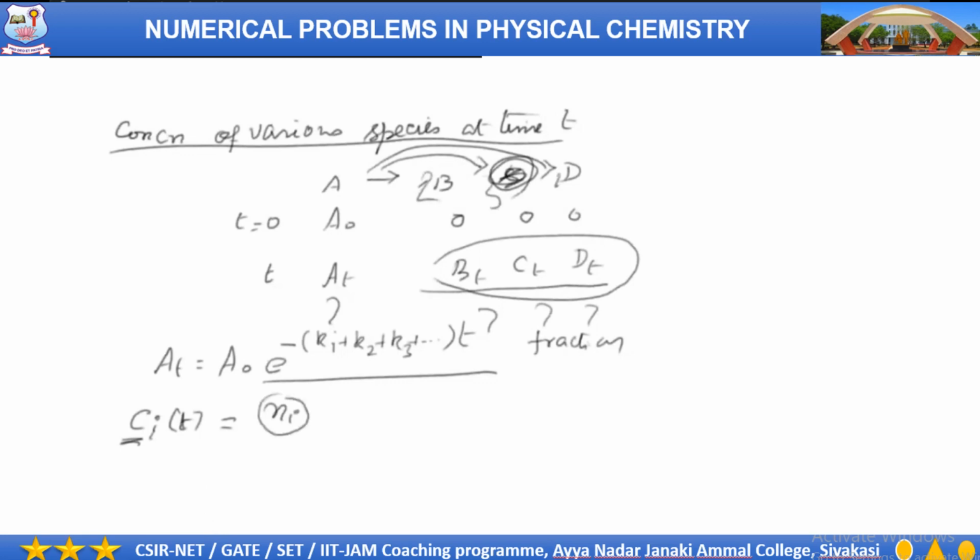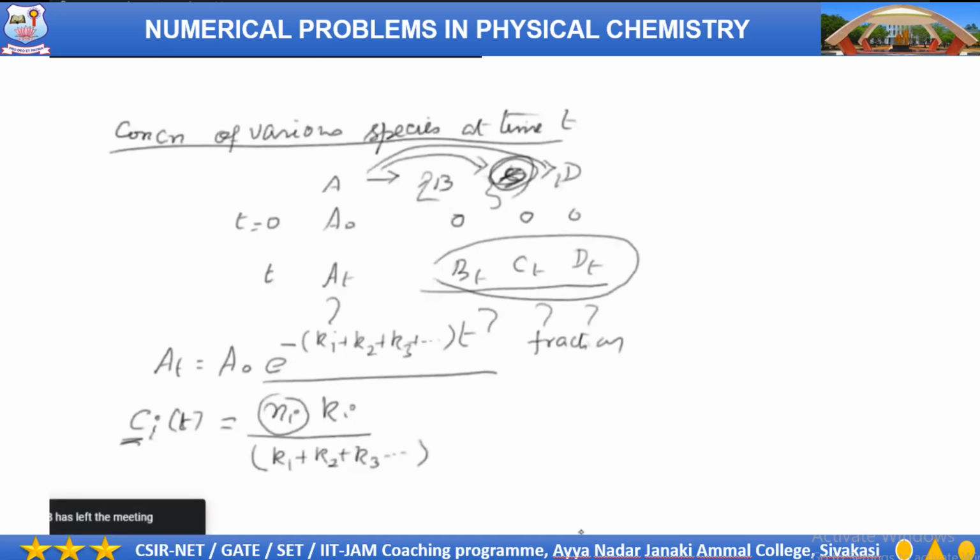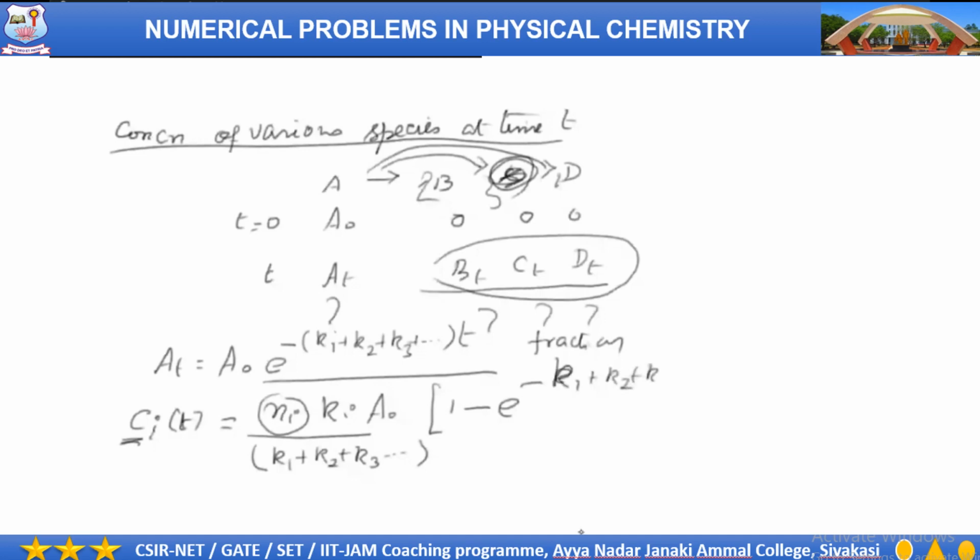Ni into Ki, the rate constant for that particular mode, divided by the total rate constant K1, K2, K3, which you have already calculated as K, into A0, the initial concentration, into 1 minus e power minus K1 plus K2 plus K3 into T. This e power minus KT is nothing but the fraction remaining unreacted.